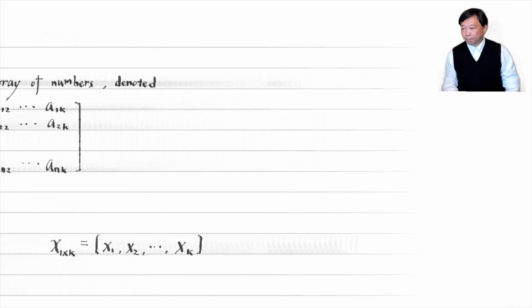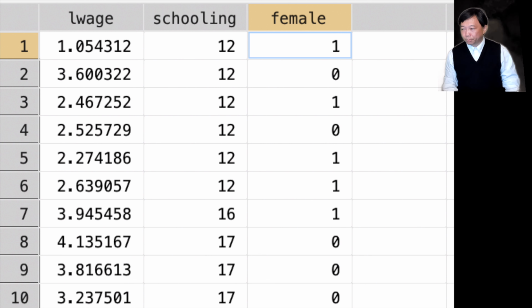Let's look at this sample of US workers' wages, years of schooling, and gender. We have 10 observations for 3 variables. The data are in the matrix form. Suppose we regress the log wage on schooling and female.